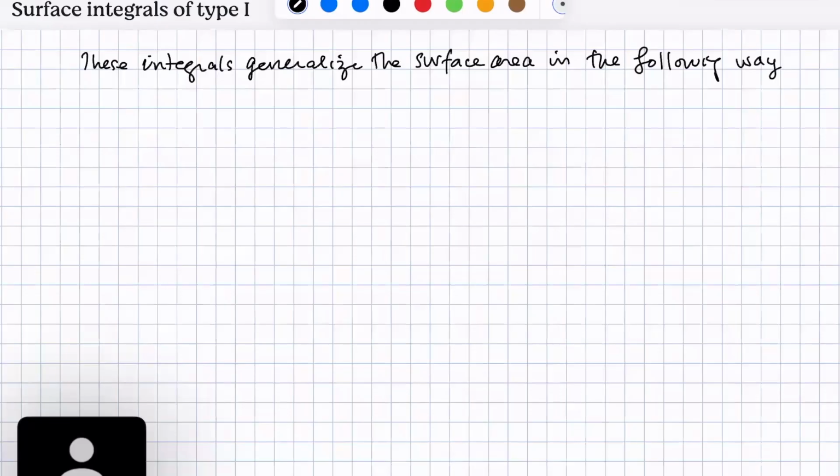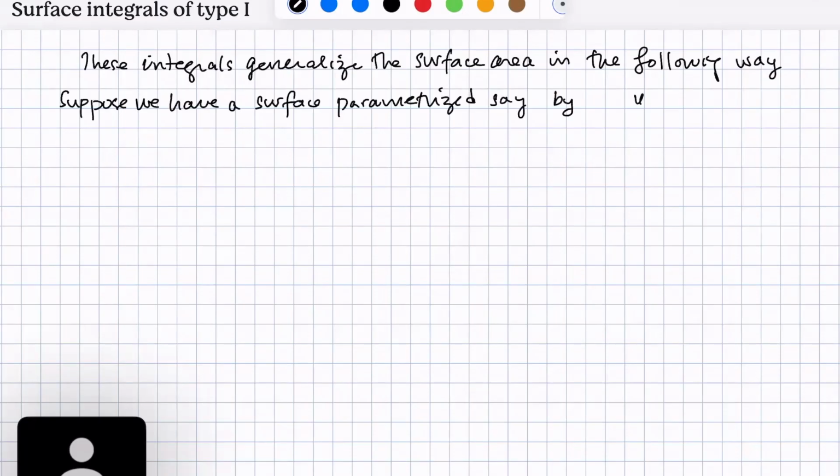So the idea is the following. Suppose we have a surface parametrized, say, just for instance, by u between a and b and v between c and d.